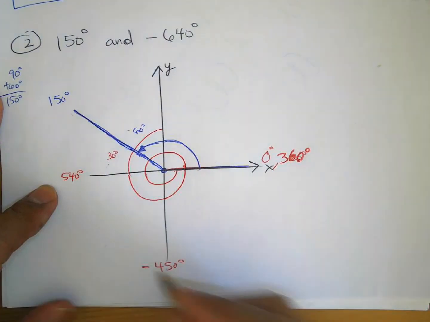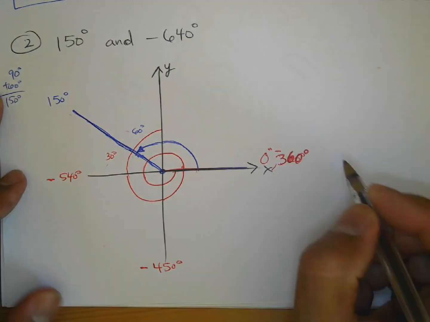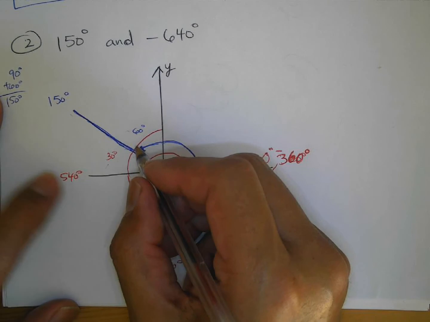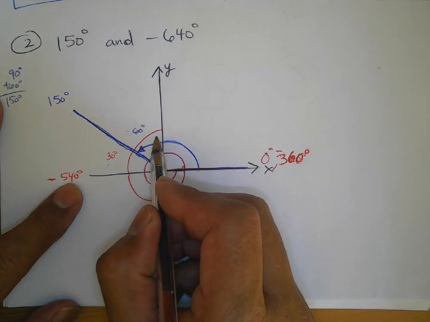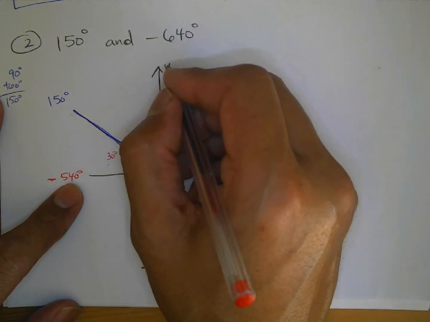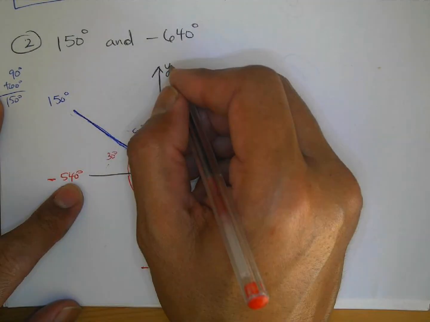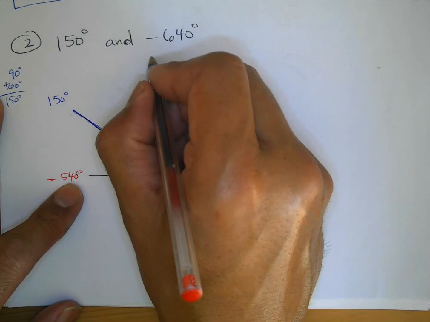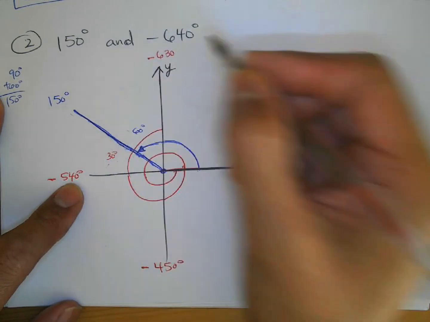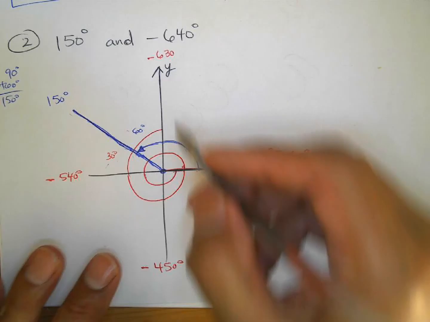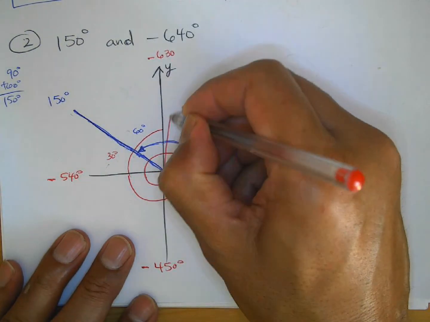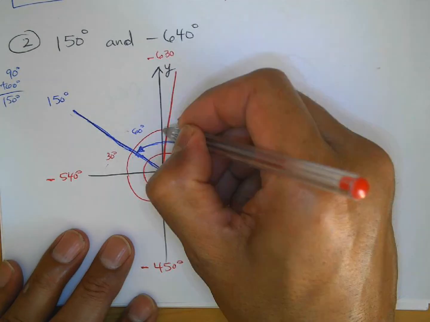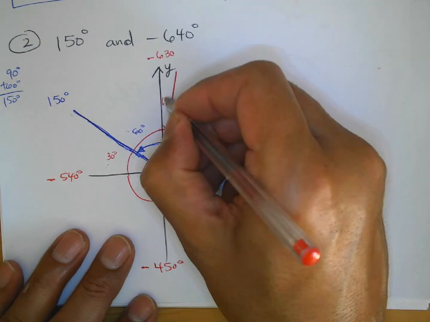Oh yeah, we're going this way, so it's negative, negative, negative. Long story short, negative 640 would have to be like over here, right? 10 more degrees.